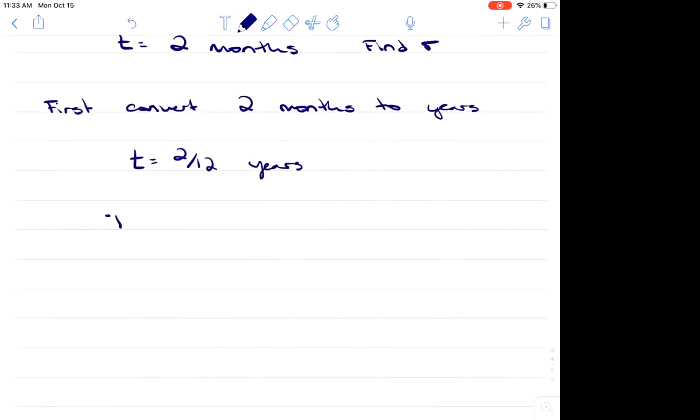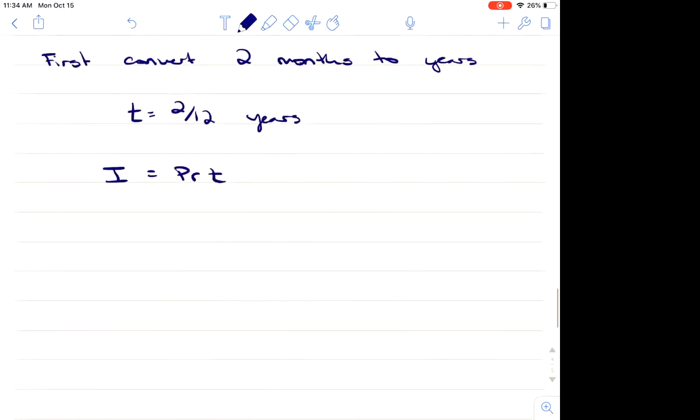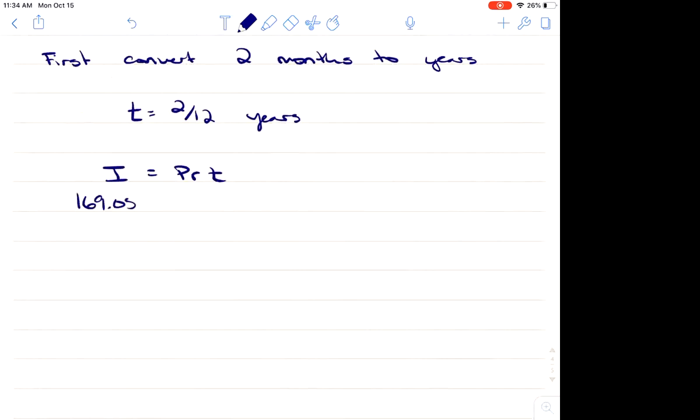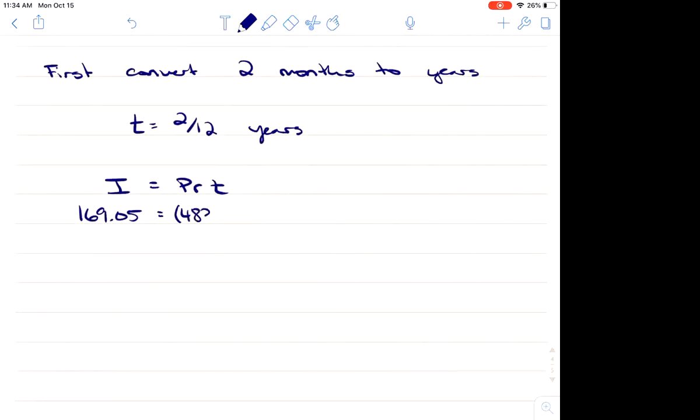So now we can use I equals PRT, and just like before, if you have to solve for T or R, right, you can just solve for those in the equation and then plug stuff in, that's fine too. Right. So we have I is 169.05, which is P, we are told is 4,830, times R, which we're solving for, times T, which is 2 over 12.